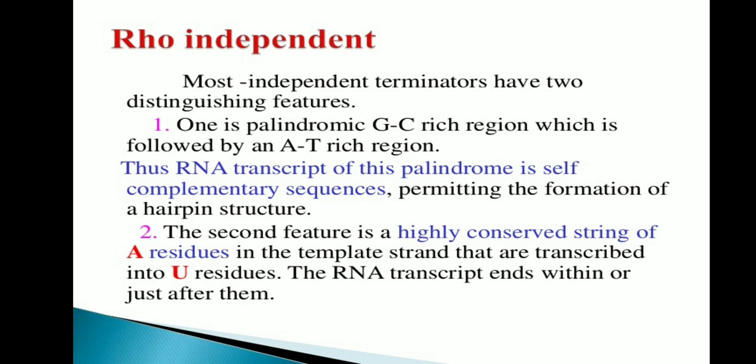I will show you the structure. The second feature is a highly conserved string of adenine residues in the template strand, which are transcribed into uracil residues. So the RNA transcript ends within or just after them.